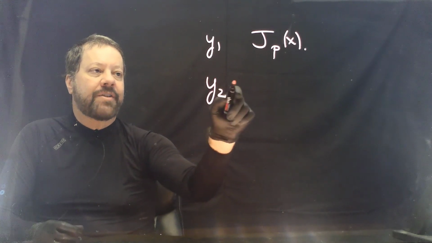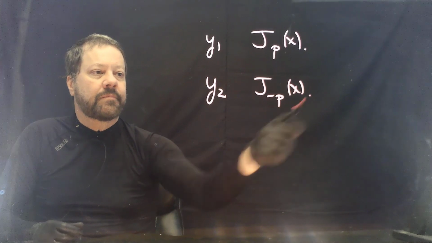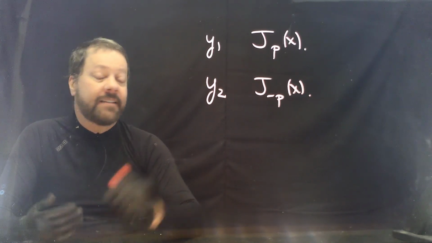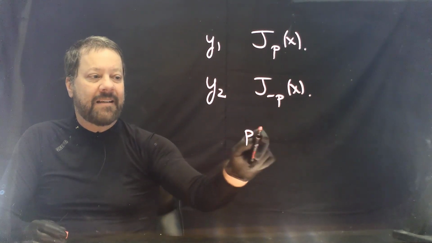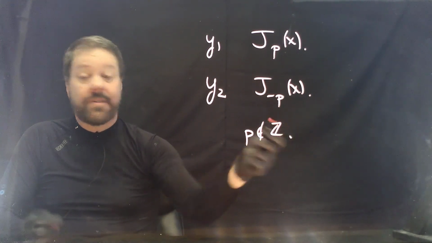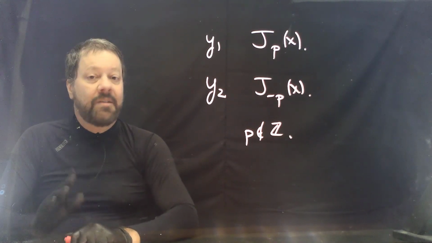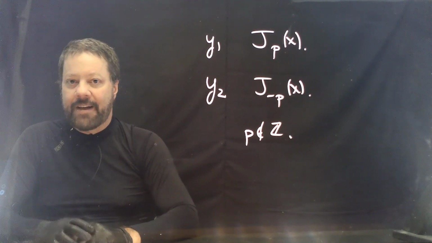So there's an obvious choice for a second linearly independent solution, and in fact, it is. So long as p is not an integer, at least, we'll be able to generate these, because the gamma function is not defined for the negative values of the integers.